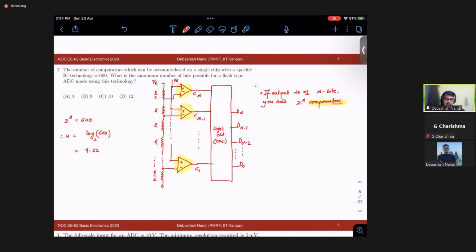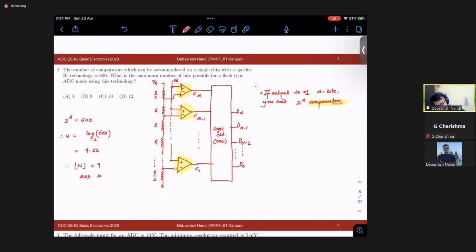You can also check that 2 to the power 9 is 512, and then you have some additional, right? So log base 2 of 600 would be your 9.22. Fine. So what is the maximum number of possible bits of the output? Your lower floor is your 9.